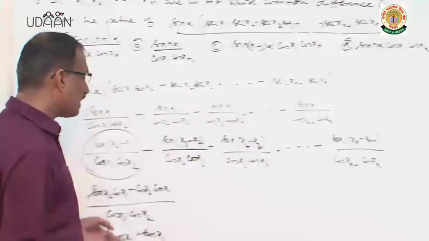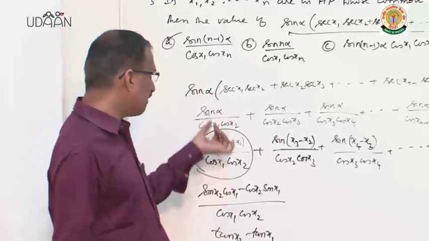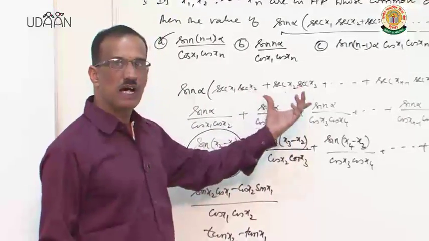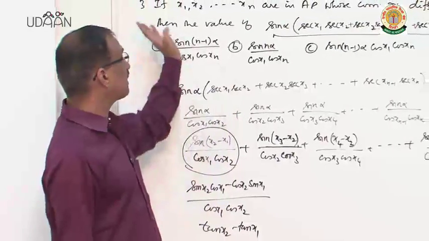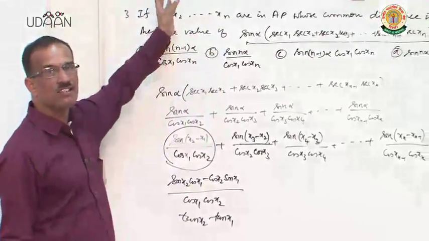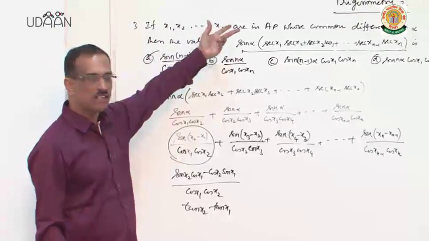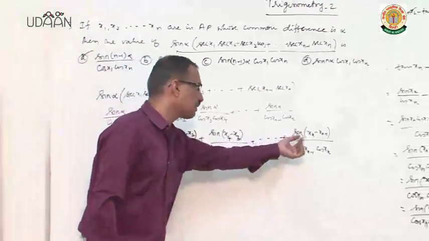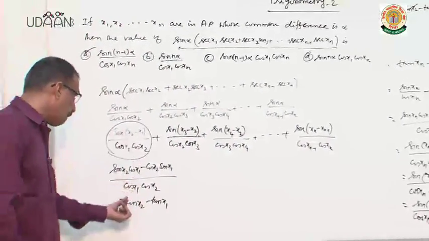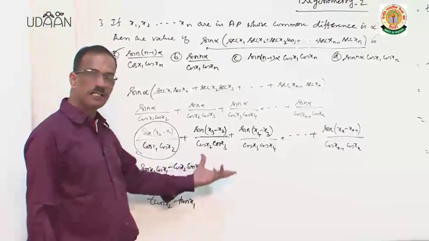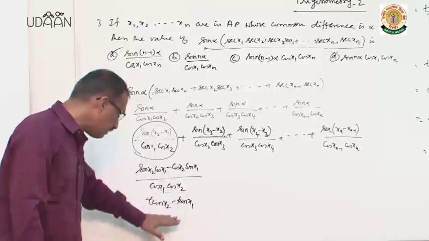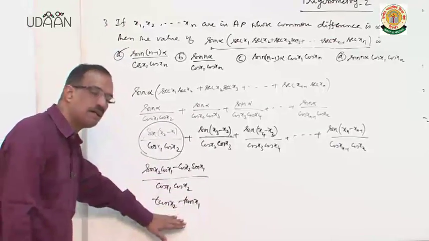So, what we have done here: we were given this expression and we have to find its value. Alpha is the common difference, so it can be x2 minus x1 or x3 minus x2. That we have expressed here. And we know the sin of (a minus b) formula is sin a cos b minus cos a sin b, and simplified, we brought that in the form of tan.